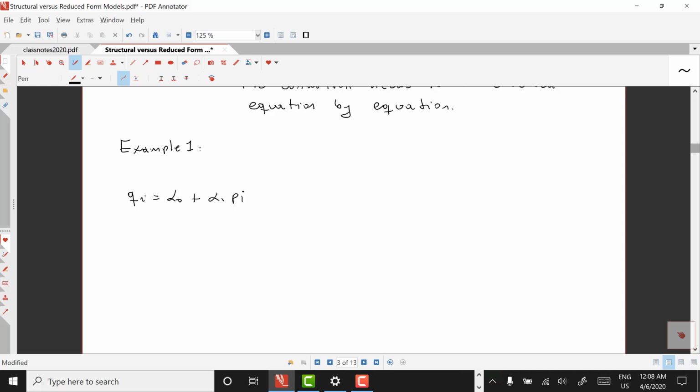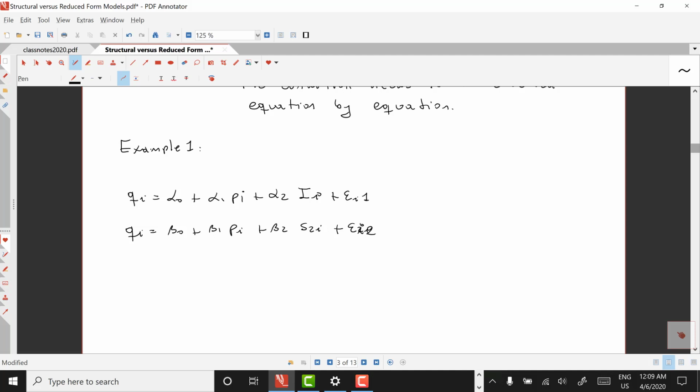Pi plus alpha 2 I is ei1, and the other equation was beta naught plus beta 1 pi plus beta 2 s2i plus e2i.